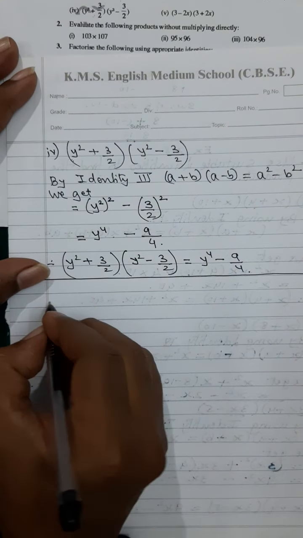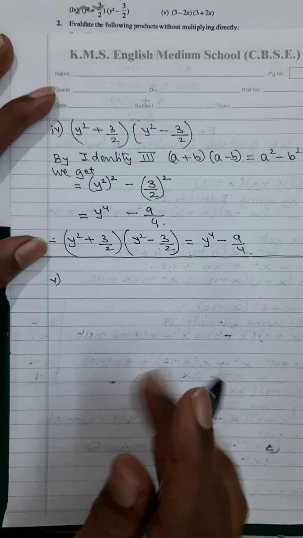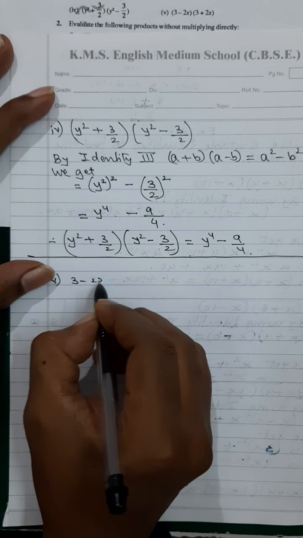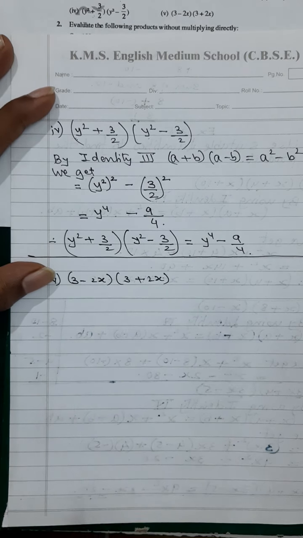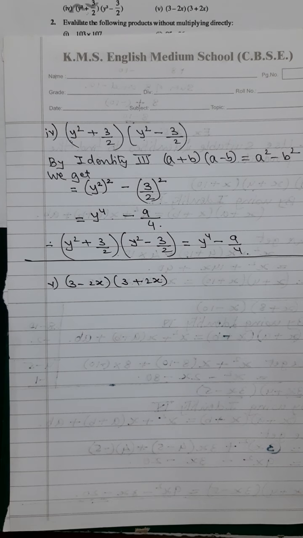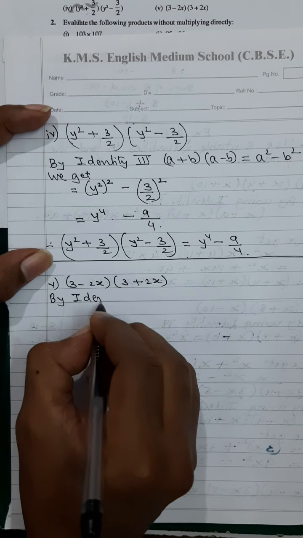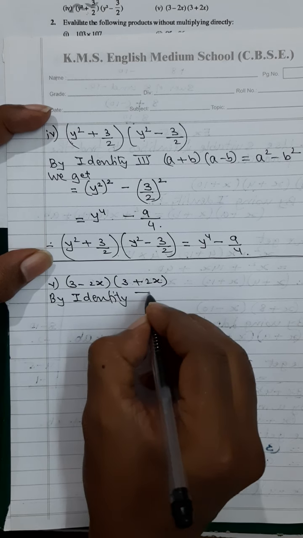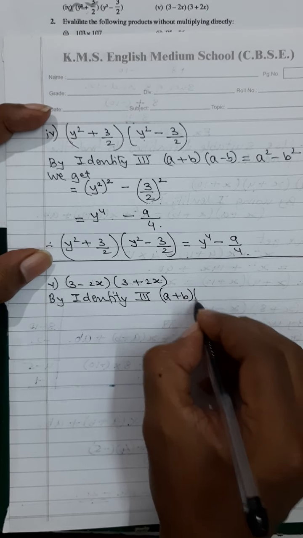Okay, now going to the next one, fifth question. 3 minus 2x, 3 plus 2x. See, again, first terms are same, 3, 3, and second terms are same, 2x, 2x. Signs are opposite. So, again by using identity 3, a plus b into a minus b.